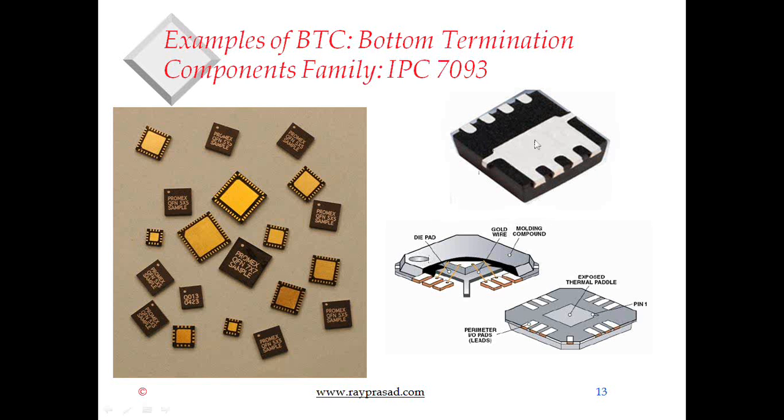And on slide 13 here, where I'm pointing my arrow on the top picture to the right, you have the thermal pad and then terminations, and that's one look. The other one could be the one on the bottom, where you have the pads and then center thermal pad.